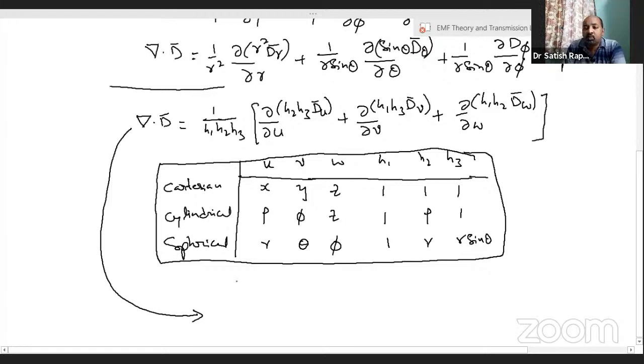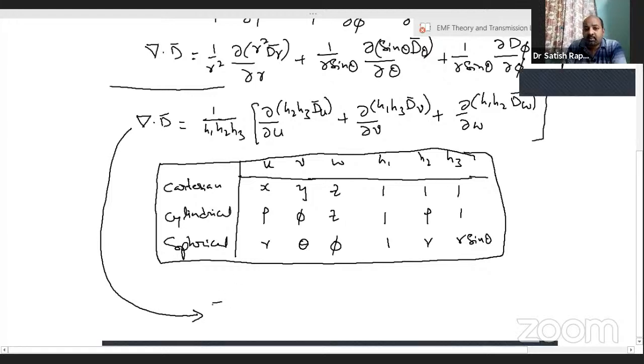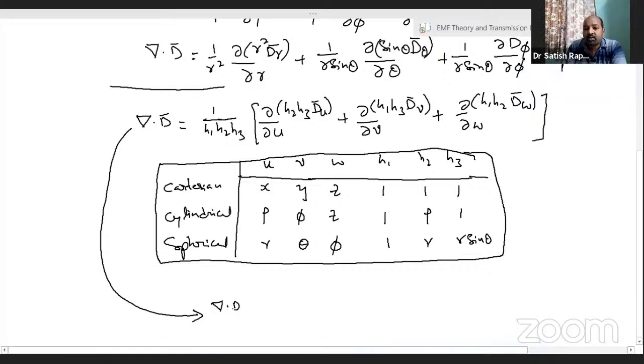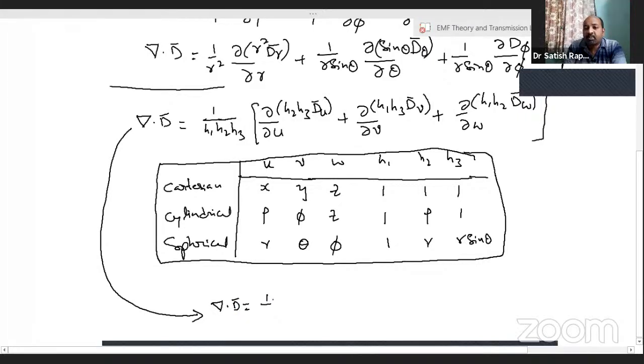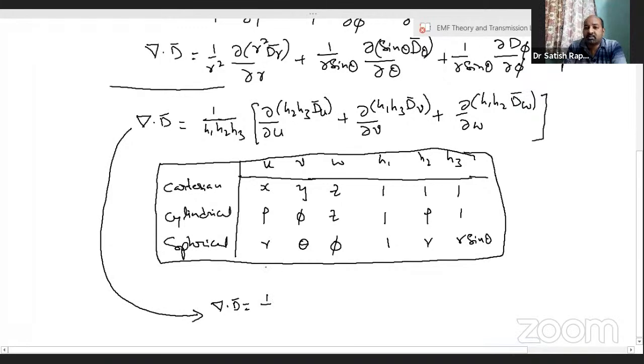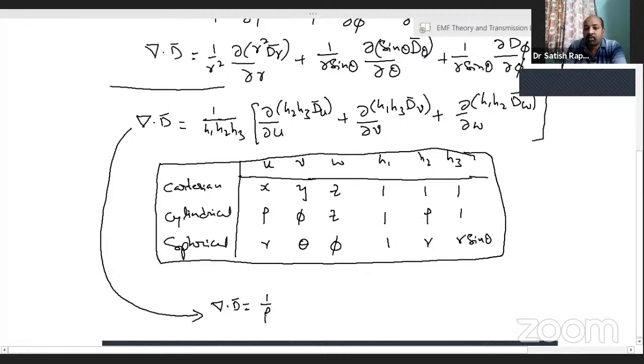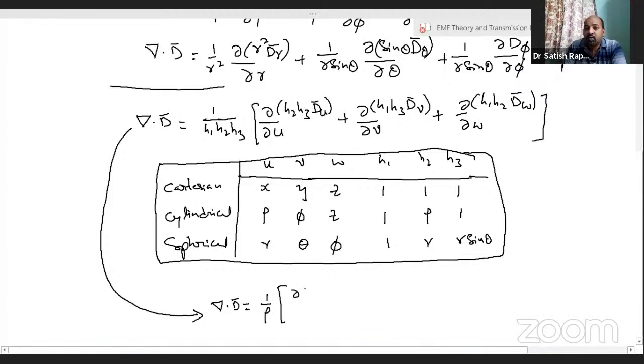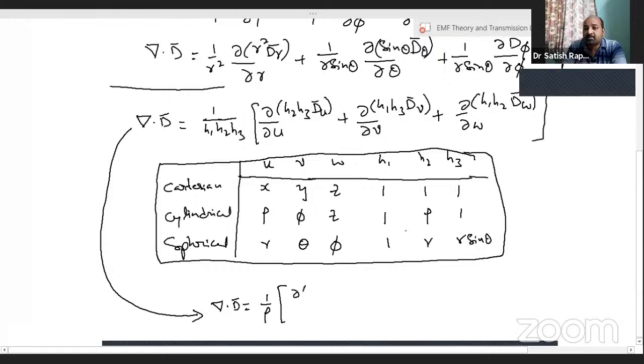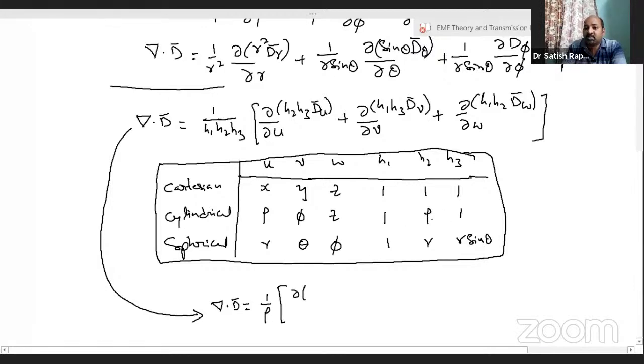Del dot D bar is equal to 1 by h1 h2 h3. What are those? 1, rho, 1. Therefore, 1 by rho into dou by dou u of h2 h3 D_u. What is h2?